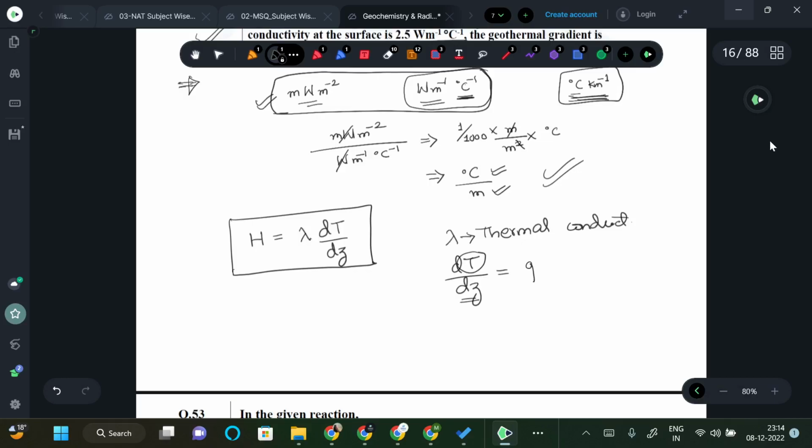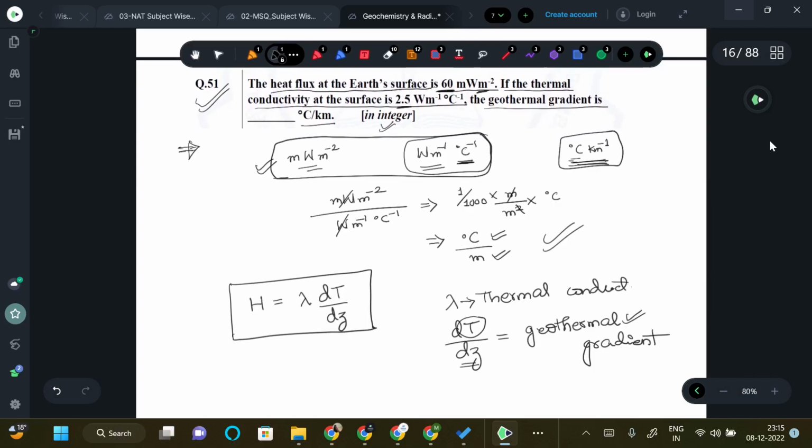So geothermal gradient is basically temperature parameter over a length. Geothermal means basically a measure of temperature, Earth's temperature basically we can say. Since it is asking Earth's surface, and geothermal is used for Earth, inside Earth.